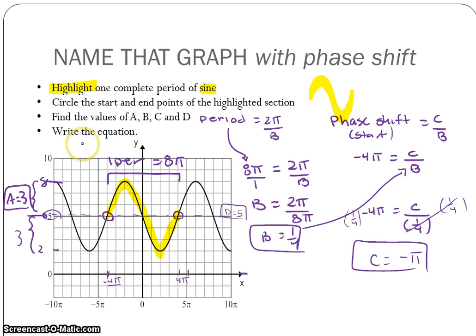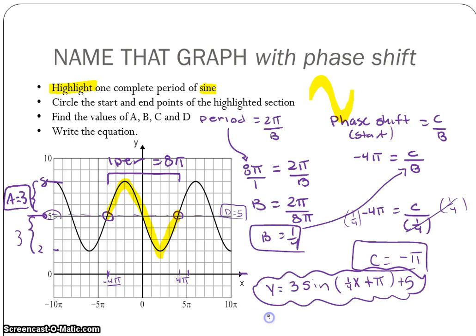The last thing I need to do is write the equation. So it's y equals the amplitude, or the A value, 3, sine of bx, so 1/4 x, minus your c value, so it's minus a negative pi, so it's plus pi, and then plus your d, which is 5, and this would be the equation.